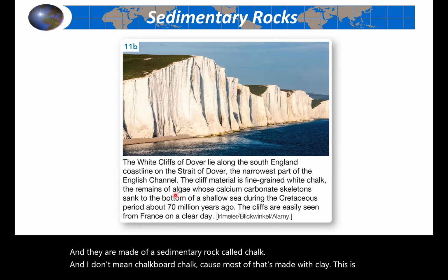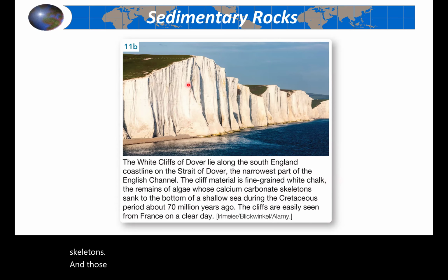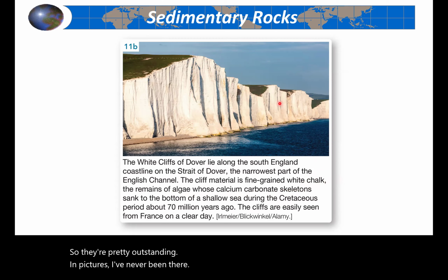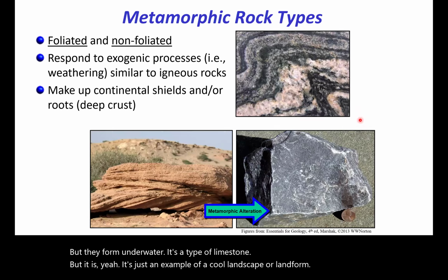It's made up of little tiny algae, little tiny organisms who have little tiny skeletons, and those little tiny skeletons accumulate all the way up to make these huge cliffs. So they're pretty outstanding in pictures. I've never been there. But they form underwater. It's a type of limestone, and it's just an example of a cool landscape or landform from sedimentary rocks.